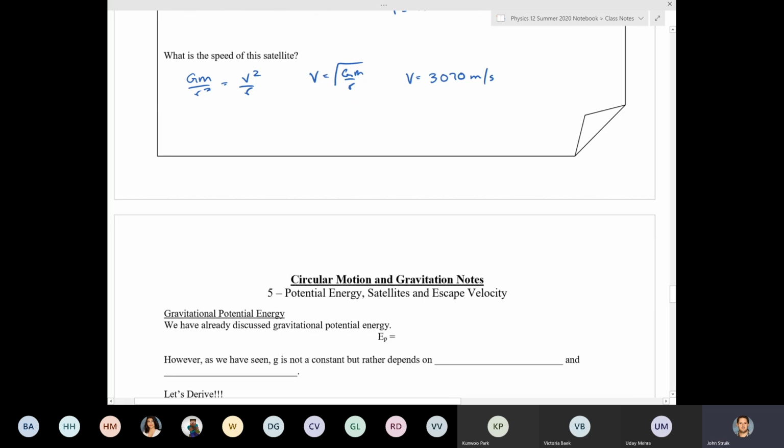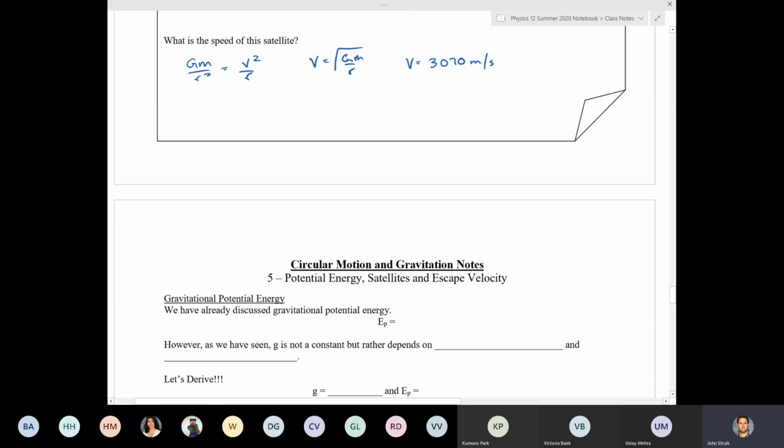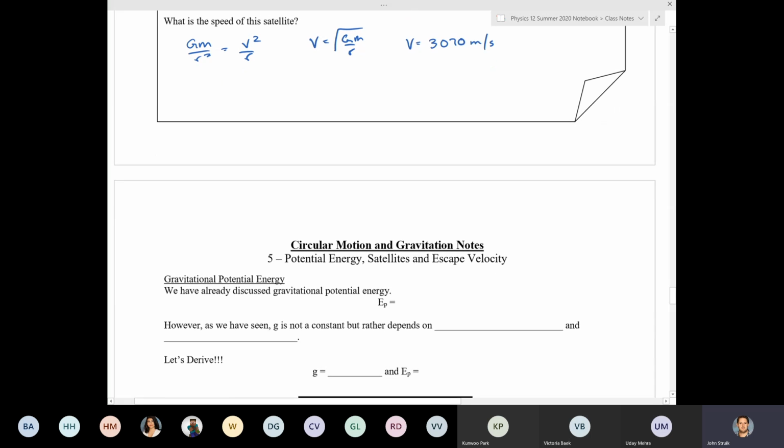So I gave you that assignment to do. You can do a lot of it. The next part is to talk about the energy of satellites and all that stuff, so we'll do that on Monday. So let's do this: you can do the 5.4 worksheet now, most of it.